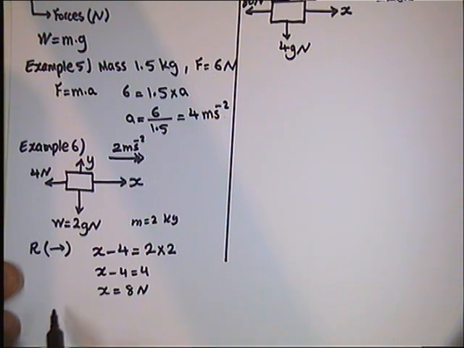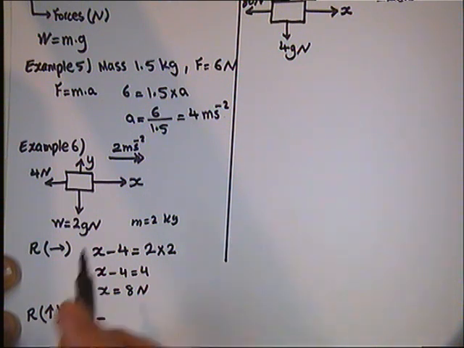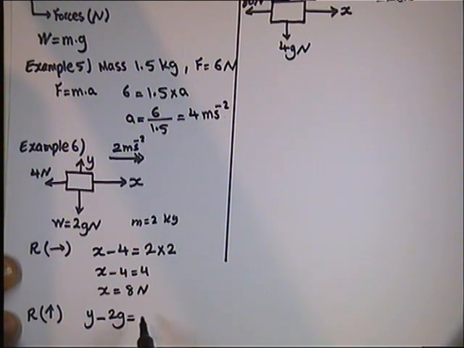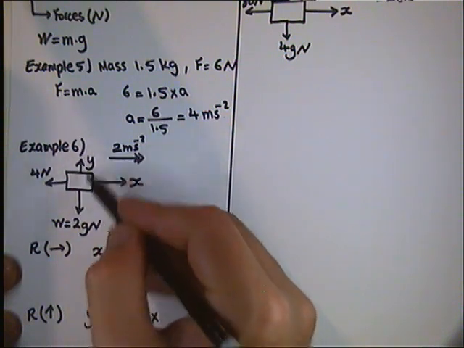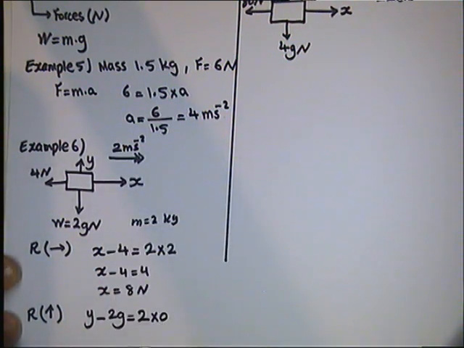Forces upward or downward: y minus 2g is equal to mass times 0.